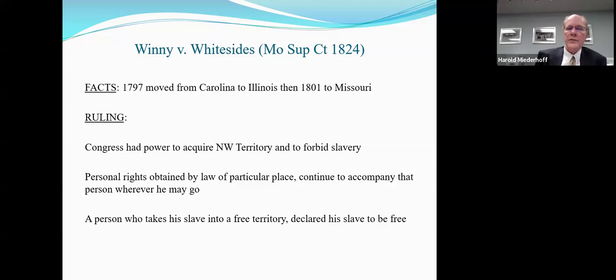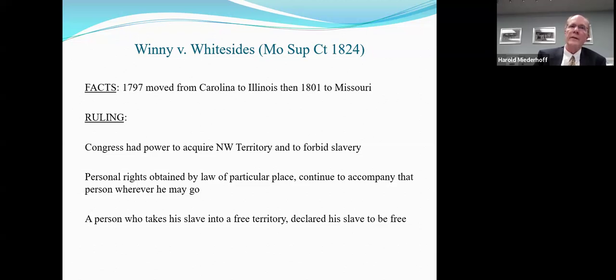And the ruling was that the personal rights obtained by the law of the particular place, that is in Illinois, continued to be part of that person's character, wherever he may go, even after living and moving into a slave state. So anytime a master takes their slave into a free territory, the master basically is declaring his slave to be free.